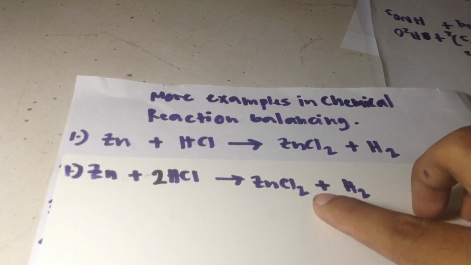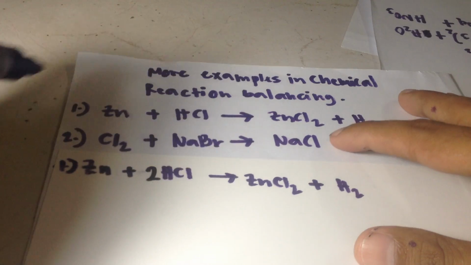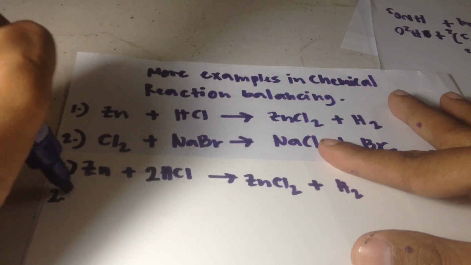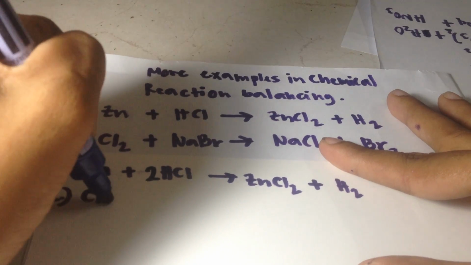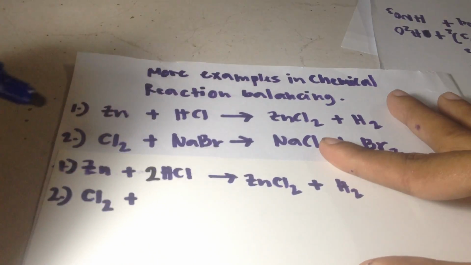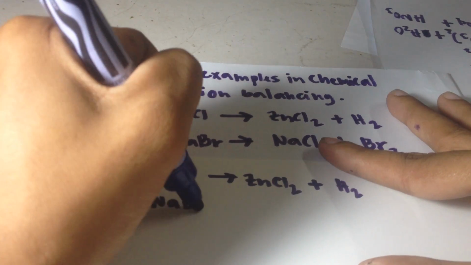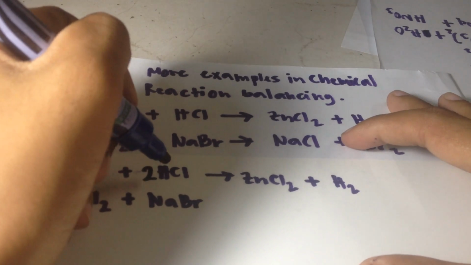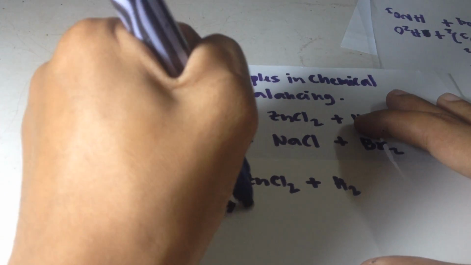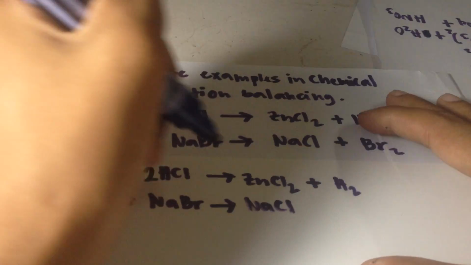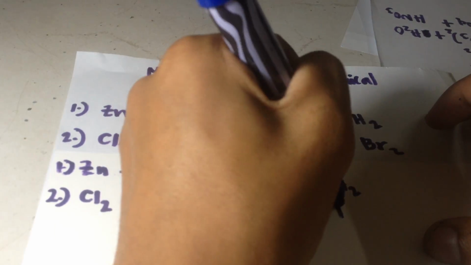Okay. In number 2 we have chlorine gas plus sodium bromide reacts to sodium chloride plus bromine.